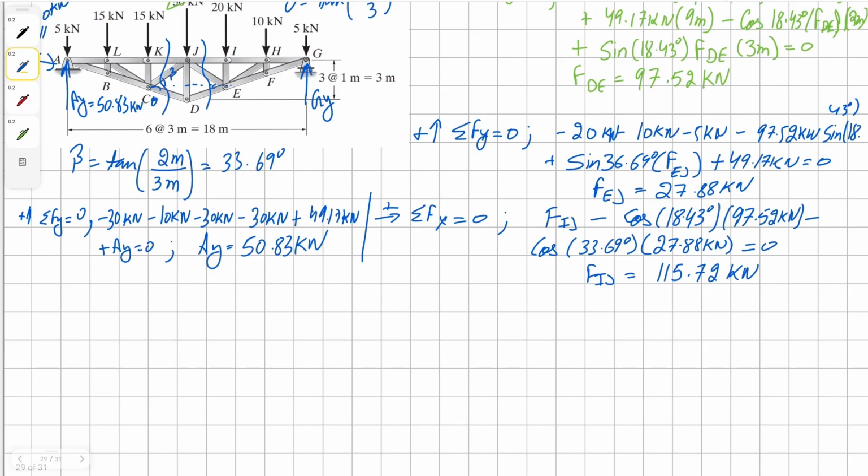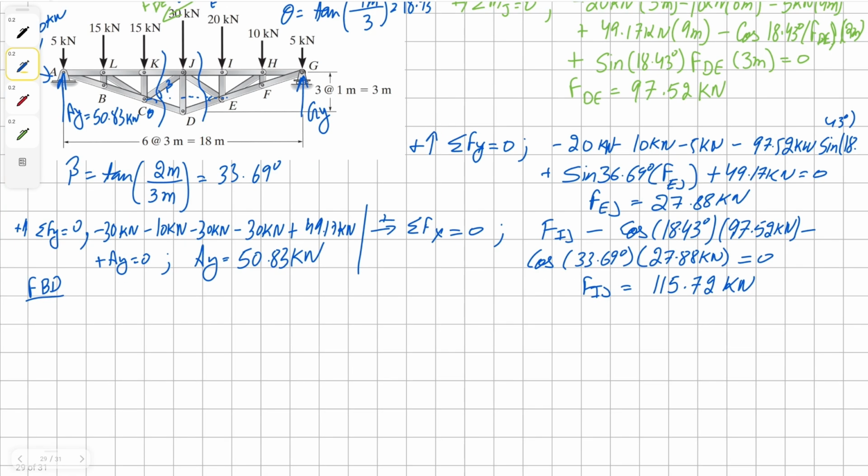Okay, now that we have done that, let's draw the free body diagram for the left hand side. So we're going to have point A all the way till point K. And then we're going to have 15 kilonewton, another 15 at L, and 5 kilonewton at A. Then we have another reaction from the pin, 50.83 kilonewton.